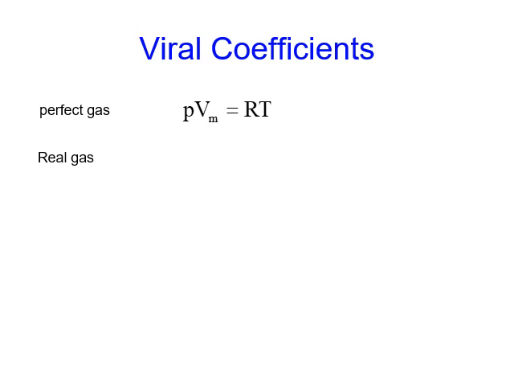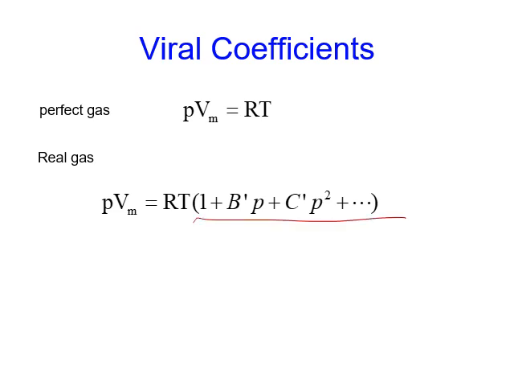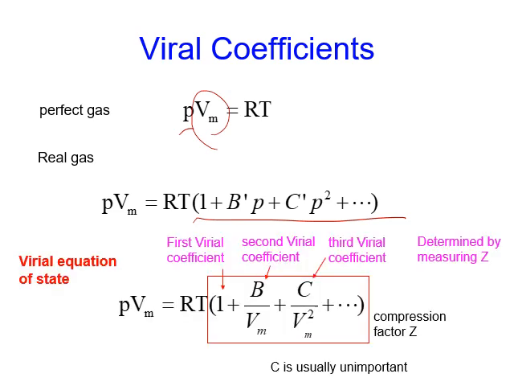One way is to modify the ideal gas law by adding more terms in pressure. As we know, pressure is responsible for the deviation of real gas from ideal gas. Since pressure is inversely proportional to volume, this equation can also be written with inverse volume, inverse of volume squared.